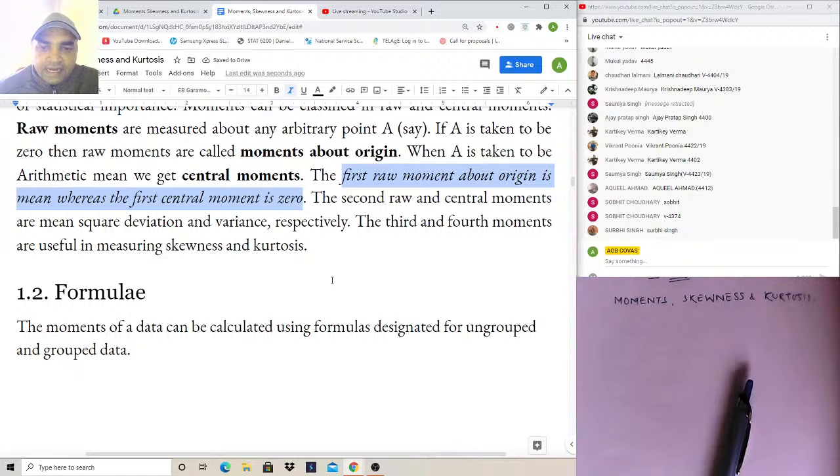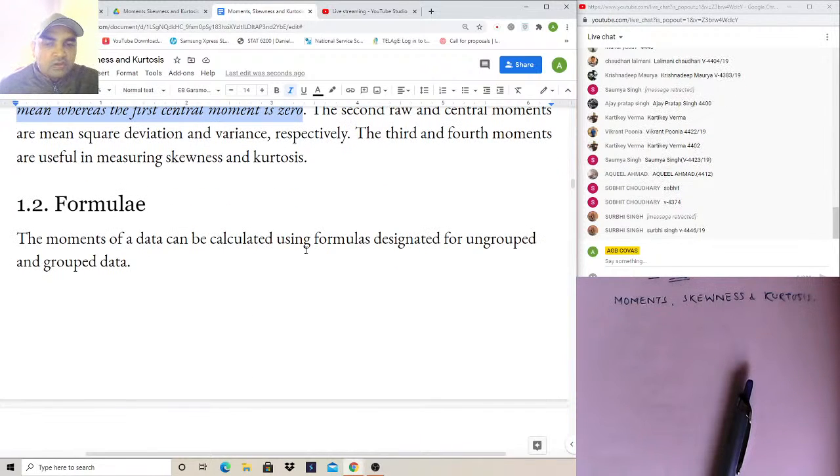The second raw and central moments are the mean square deviation and the variance respectively. The third and fourth moments are useful in measuring the skewness and kurtosis. Now we will look at the formula for how these moments are calculated.